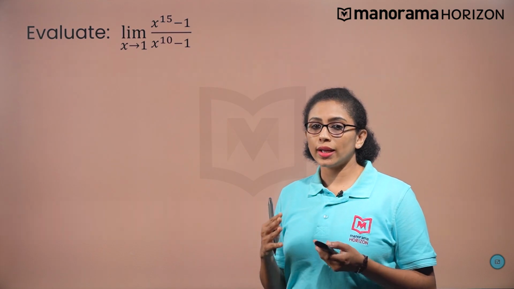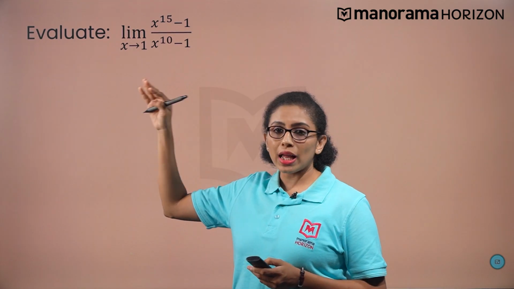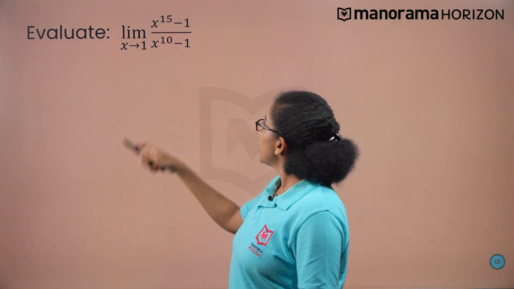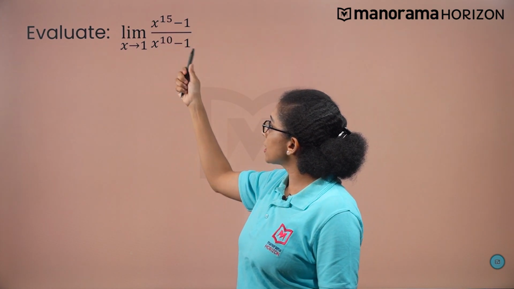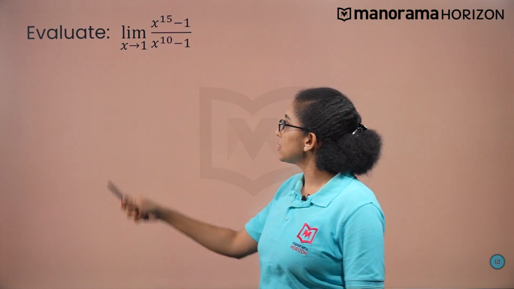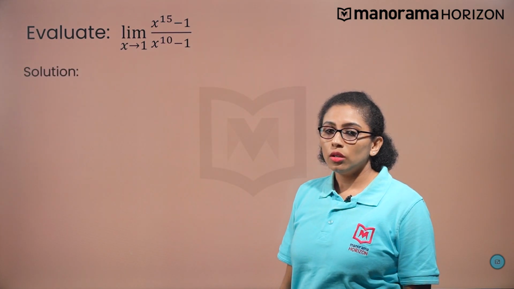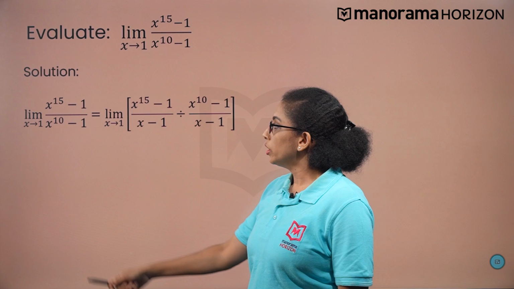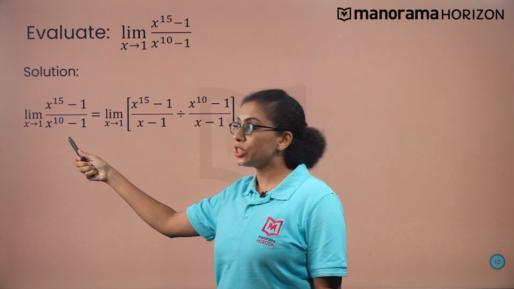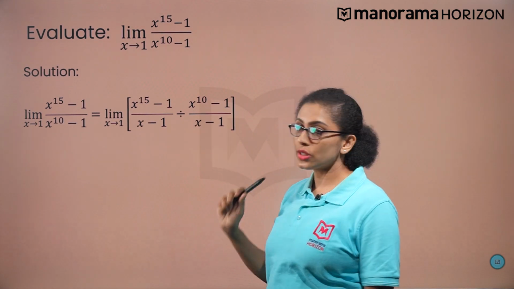Now let us look at another example. The question is to evaluate the limit of x raised to 15 minus 1 by x raised to 10 minus 1 as x tends to 1. Let's see the solution. Here, we divide the numerator and the denominator by x minus 1.